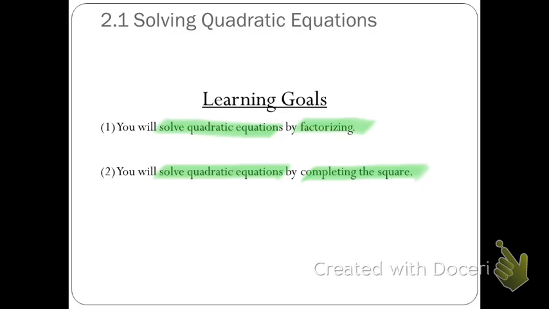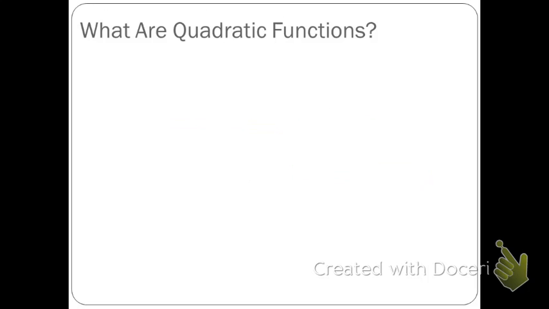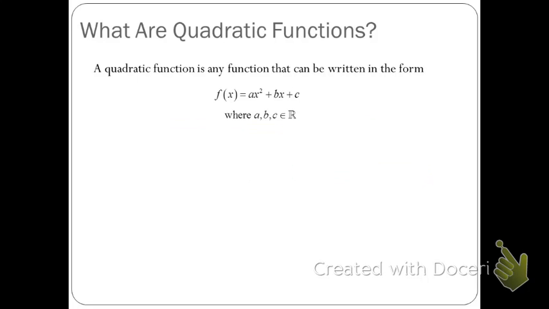What I want to begin this lesson about factorizing with, though, is simply explaining what quadratic functions are, because you need to have an understanding of what you're working with before you go about trying to solve equations related to that thing. So what are quadratic functions? Well, quite simply, or maybe not so simply, I don't know.